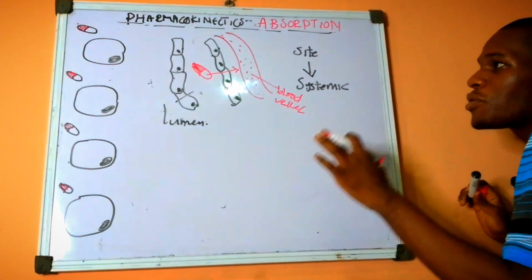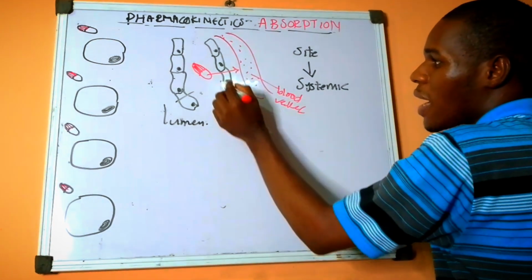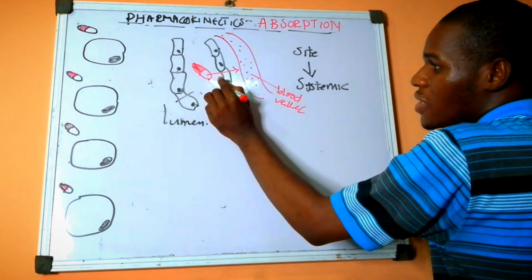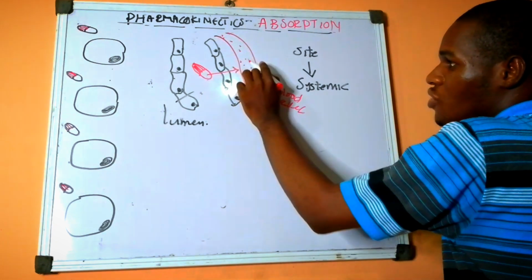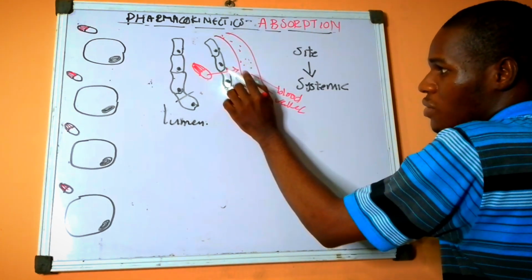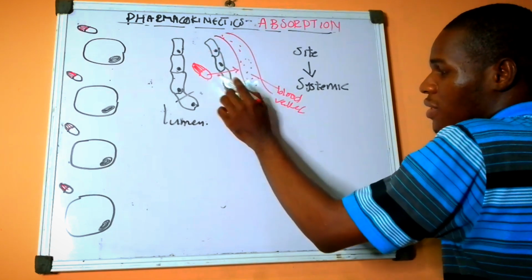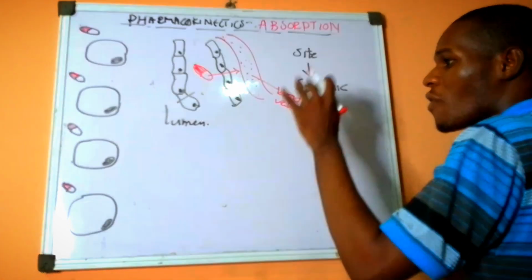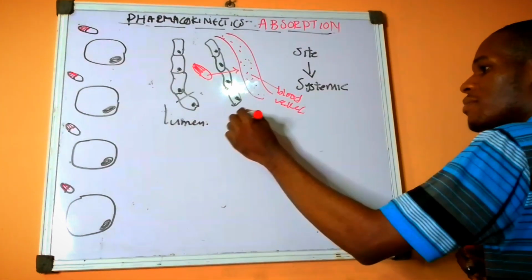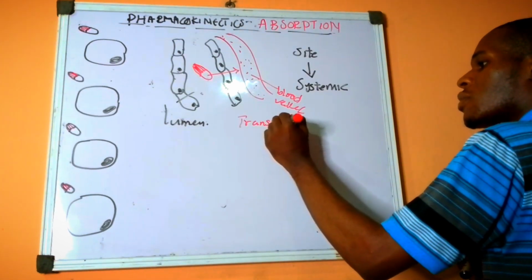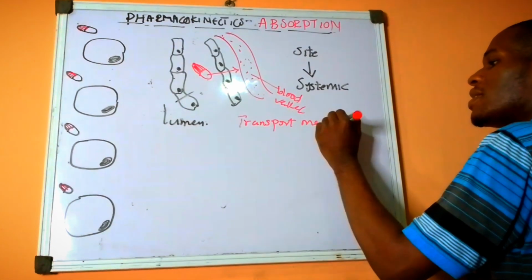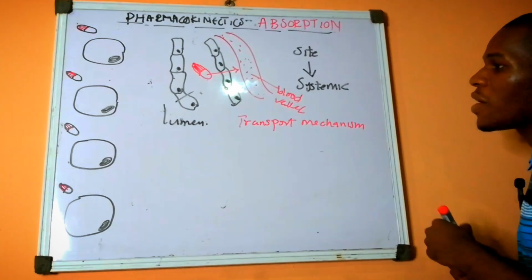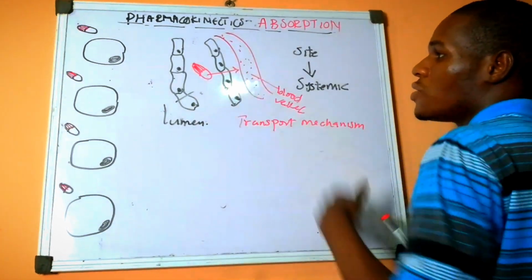So there are actually four processes by which a drug can be transported from its site of administration into the bloodstream. Of course, it has to pass through the cells, pass through their cell membrane, their lipid layer, and those cell structures. We have four transport mechanisms by which a drug is transported from its site of administration into the bloodstream.